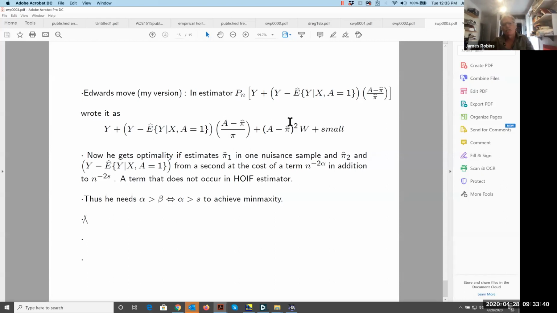So that term gives n to the minus 2 alpha, the reason he needed alpha greater than s, so this doesn't dominate the bias. And he has to estimate two versions of pi, one from one sample and one from the other, because it's only when you do double sample splitting, even if it's the same parameter, that you can get a first order estimator to be as good as a higher order influence function estimator and thus minimax. All right, I'm done.